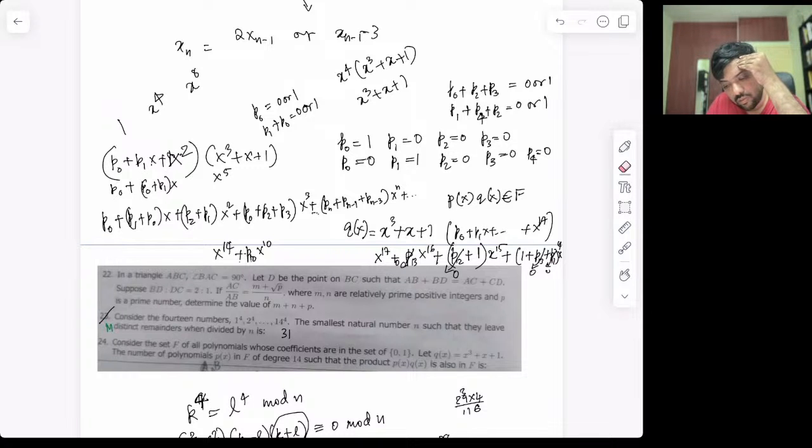So what are the options? Units of 4. I think the point is plus 1, P4 x power 4.